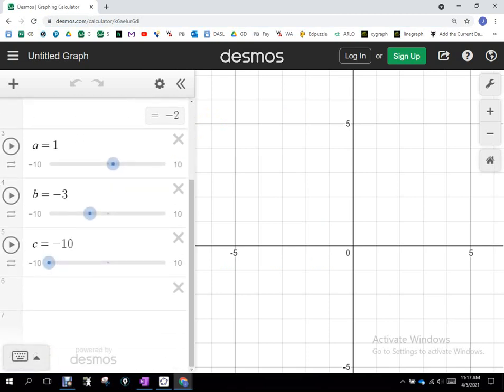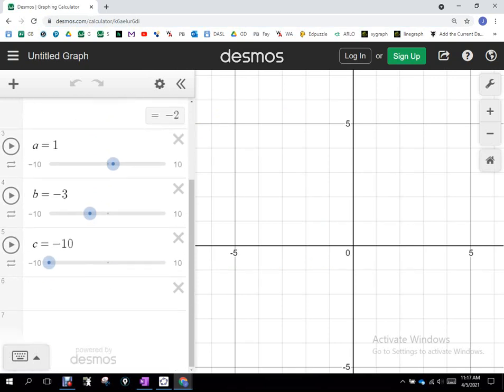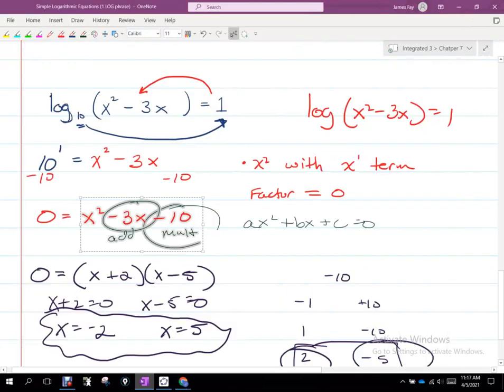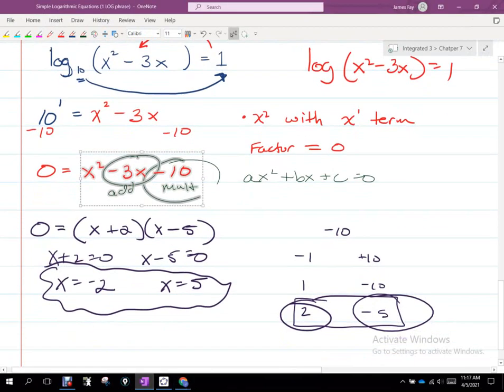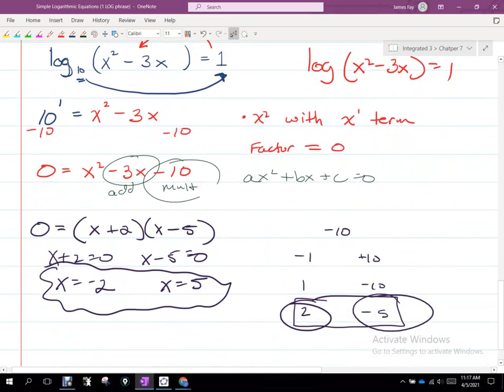Now I've made it once, copied the URL, and I can always come back to this. Does that make sense? You don't have to type this in a second time. You just type in your A, B, and C, depending on the problem you get, and you've got the answers calculated instantaneously for you. So I would suggest maybe building something like that to assist you when you get these more complex equations after you use the logarithm or the exponential rule to generate the equation.